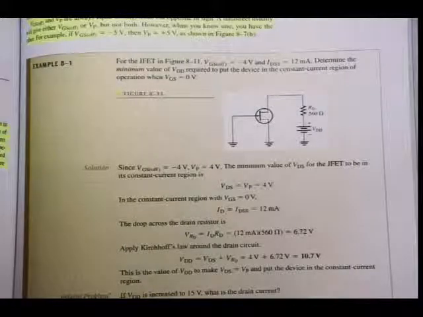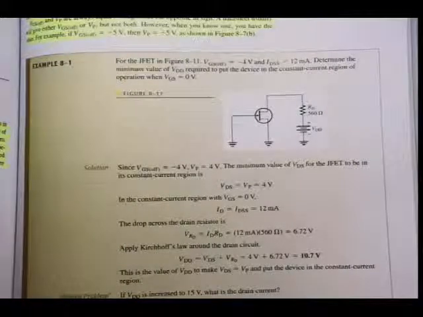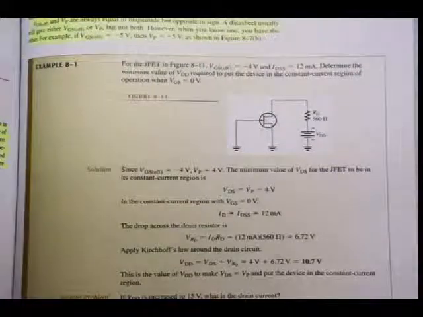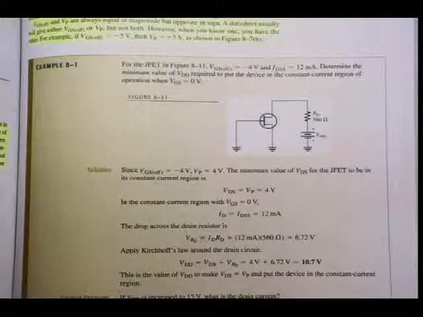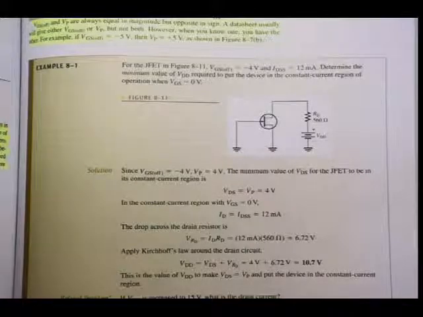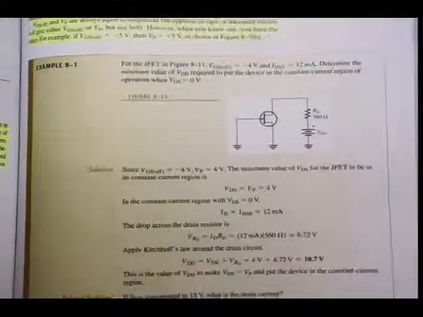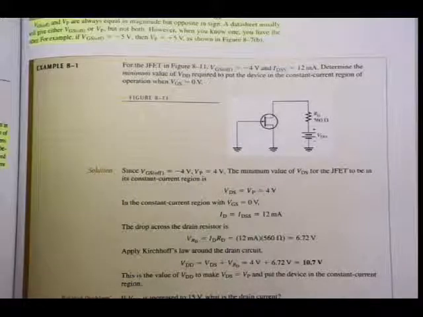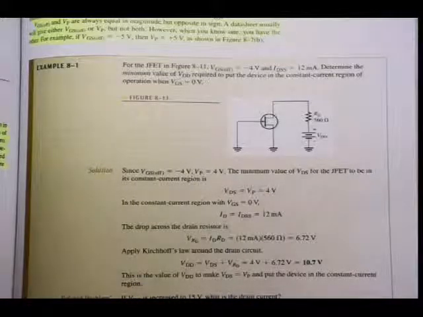In the constant current region with VGS equal to 0 volts, ID, the current that flows through the device, will be equal to the maximum current. Of course, VGS is 0. There is no biasing being done, and in this case it was given as 12 milliamps. Then the drop across the drain resistor, Ohm's law, VRD is ID times RD, 6.72 volts, and then Kirchhoff's law.